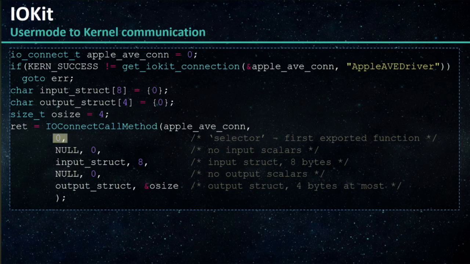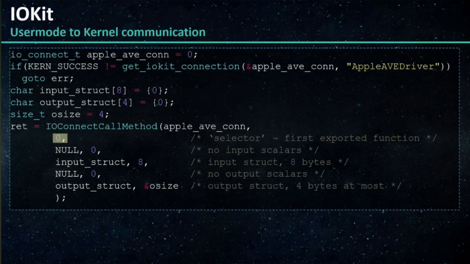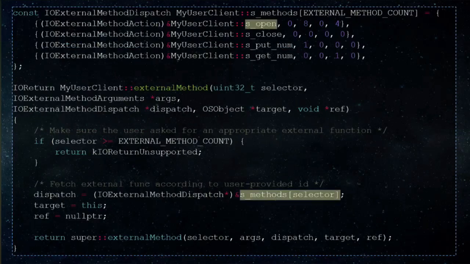Since selector is now 0, it takes the first descriptor from here, in our case S open. You see that the input is 8 bytes, the output is 4 bytes. And that's it. That's the whole thing between user and driver, the basic communication.